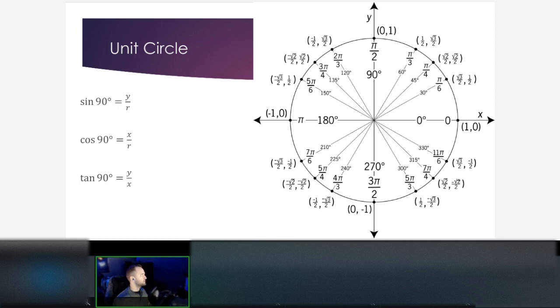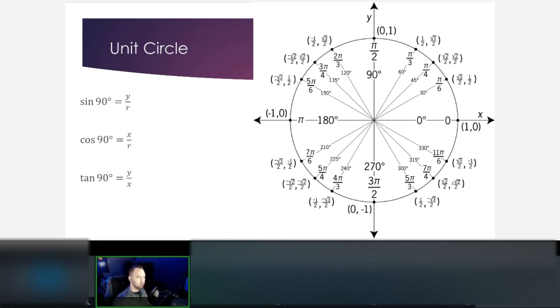Now remember, associate sine with y, cosine with x, tangent with y over x. That is super important to associate. And because the radius is 1, y over 1 is just y. So that's why sine is the y value, cosine is the x value, tangent is y over x. Hopefully that's very clear.